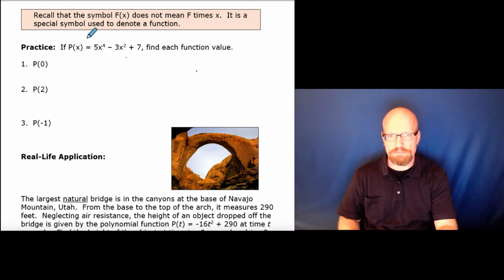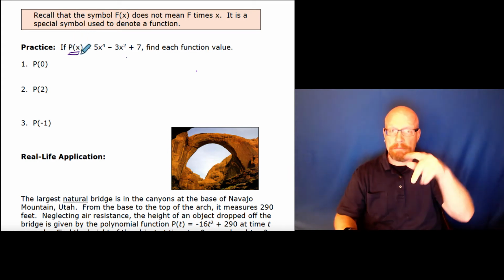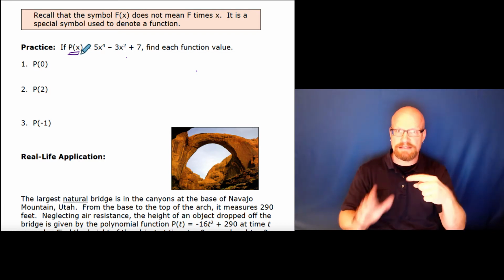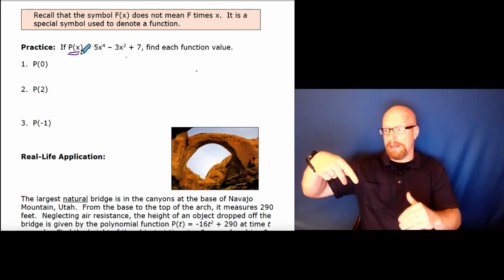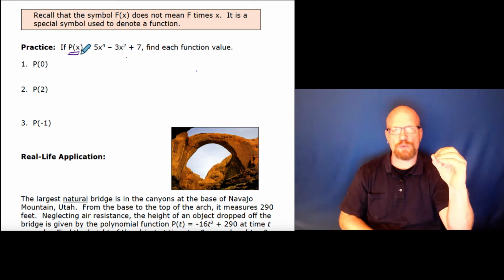Okay, we have here a function named p of x. Now, the first example, we have p of 0, meaning wherever you see an x, replace it with 0.